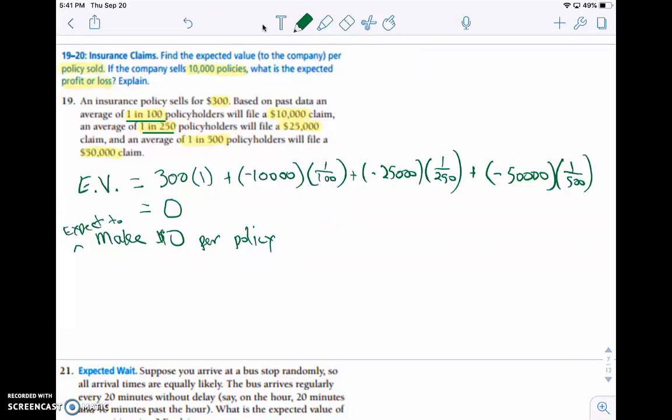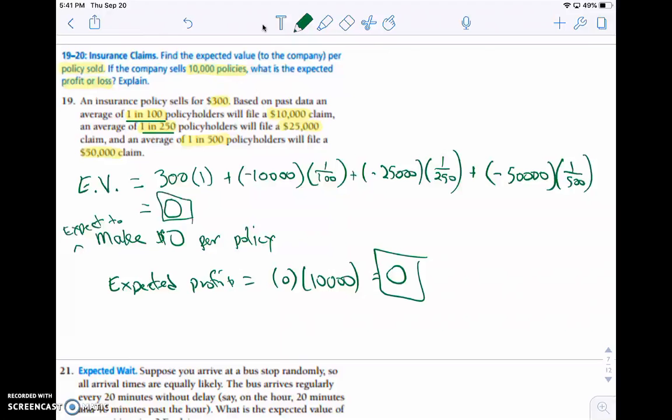So if it's $0 for every policy, then the expected profit would just be $0 times the 10,000 policies that they have sold, which is $0 as well. So in this case, they didn't profit, they didn't lose, they were right at the break-even point, and so their expected profit is $0, and $0 is again the expected value per policy.